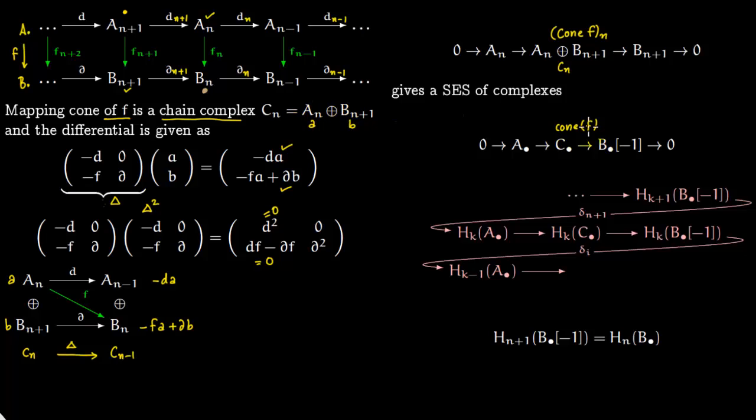This cone of F is written so as to understand that this C complex doesn't drop from the heaven. It is just related to F itself, which connects A and B. And you can see this F is an inherent part of the differential of our new chain complex. So instead of C bullet, you write cone of F.